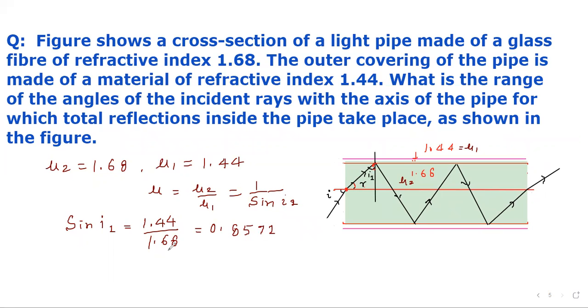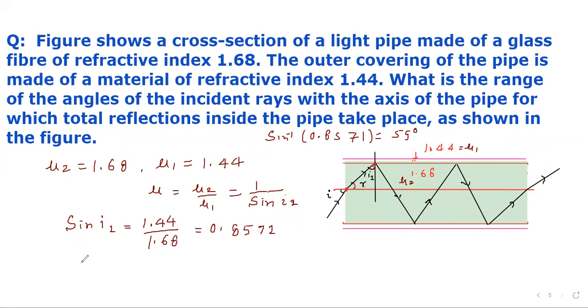We are given in the question that sine inverse 0.8571 equals 59 degrees.